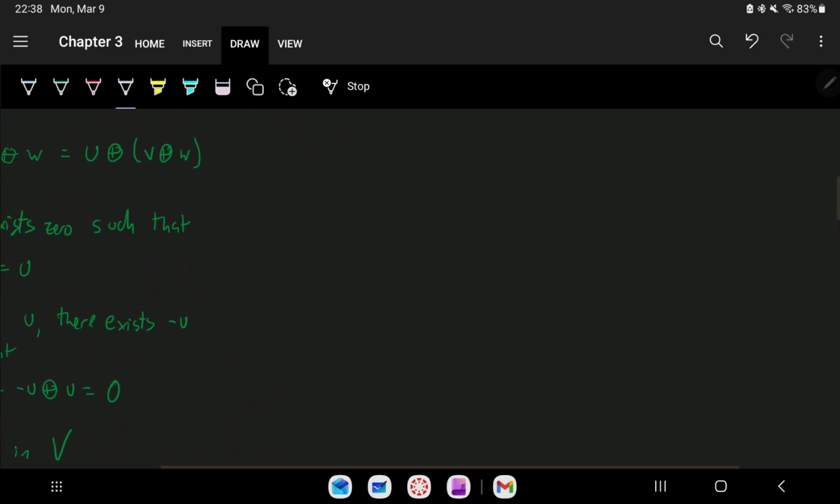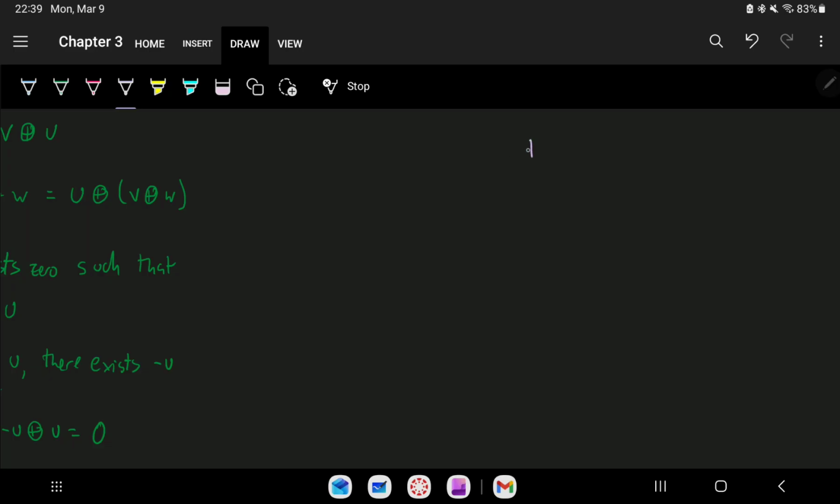So I'm going to do a little sidebar, right? This is basically just addition. And this one is scalar multiplication. Same sign we're used to seeing, just with a little circle around it.